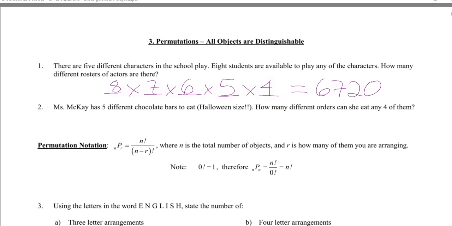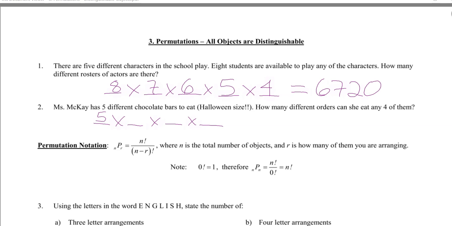Ms. McCade has 5 different chocolate bars to eat, Halloween-sized ones. How many different orders can she eat any 4 of them? Same deal, fundamental counting principle. We have 4 chocolate bars we are going to eat. How many choices do we have for the first one? We've got 5 choices. For some reason, she's only going to eat 4 of them.